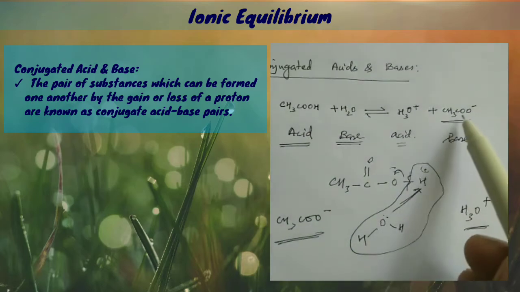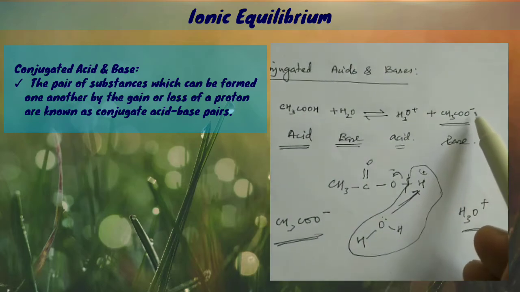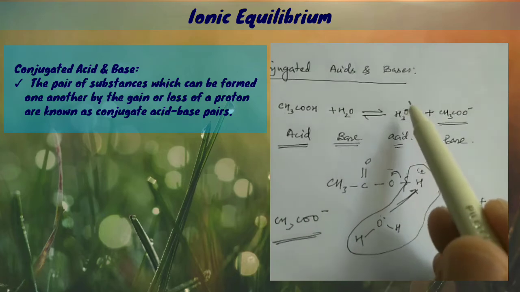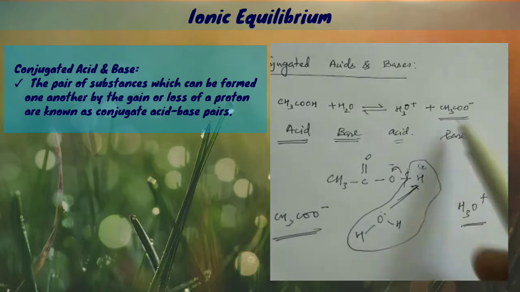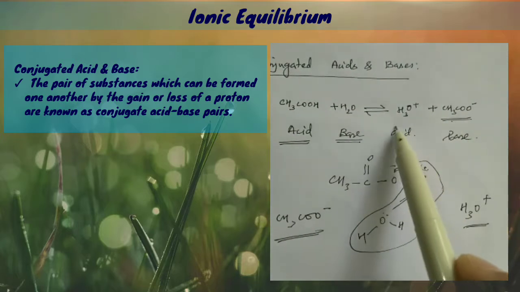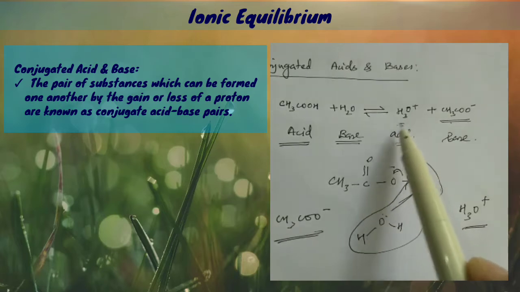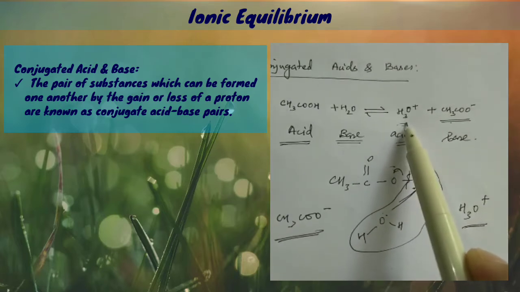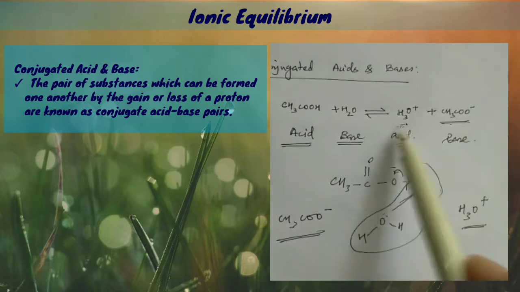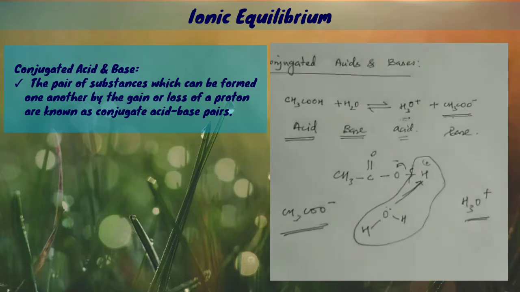That means this negative has the capacity to accept an H positive ion from this one. So this acts as a base. And this has the capacity to donate the H positive ion to that base, so this acts as an acid.